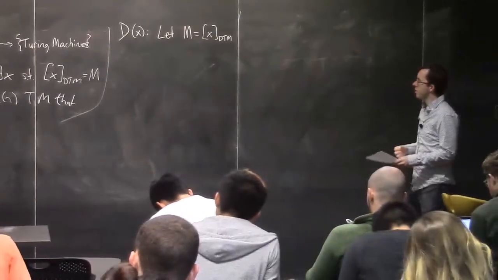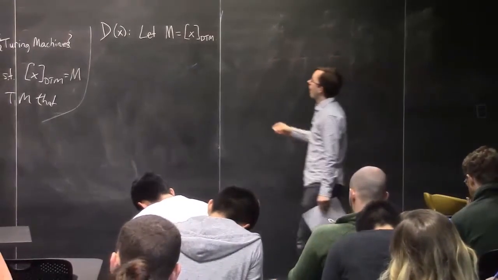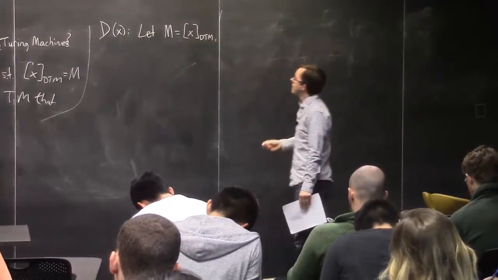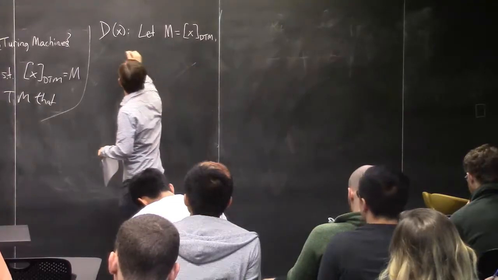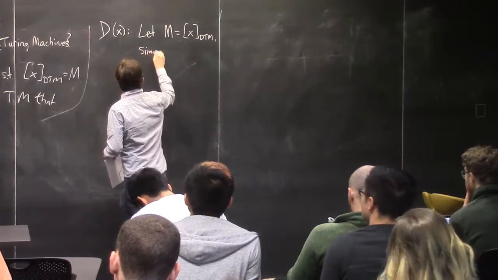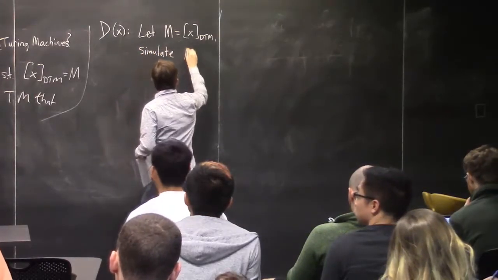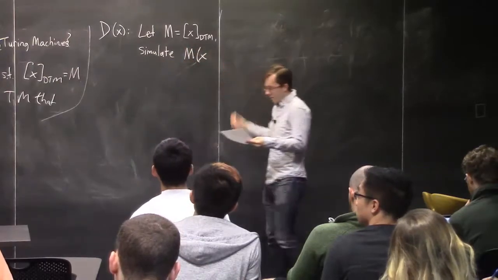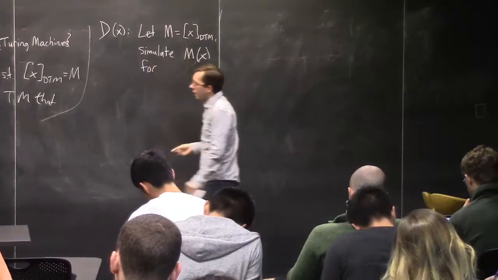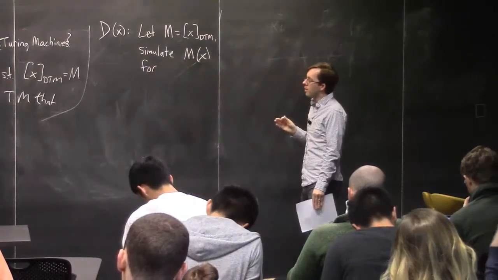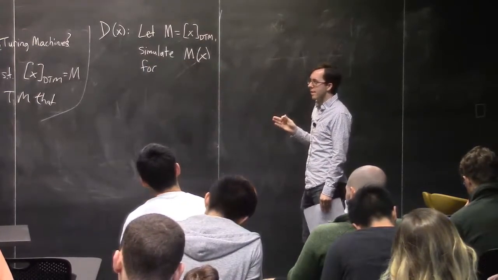So it interprets its input as a Turing machine. And it's going to simulate M on x, so on its own description, for basically t1 steps.